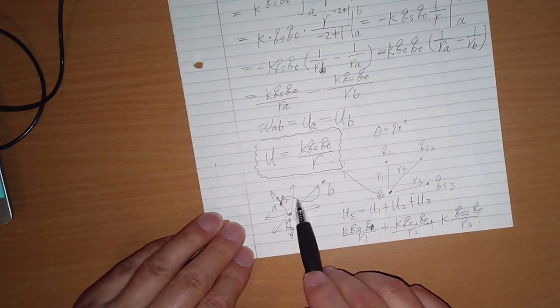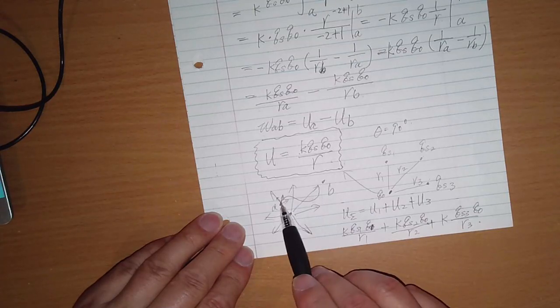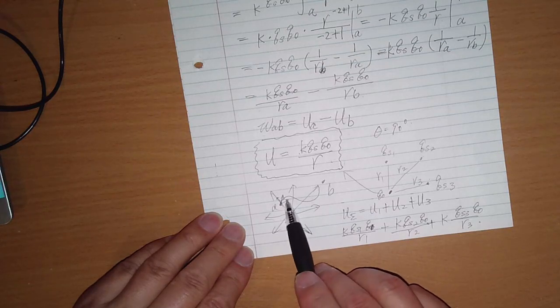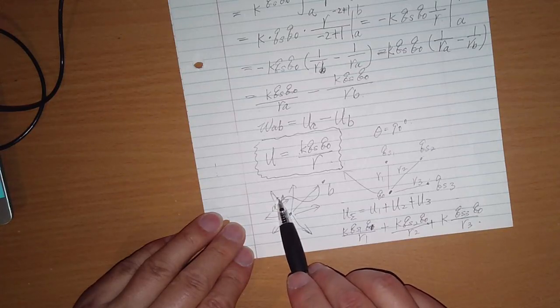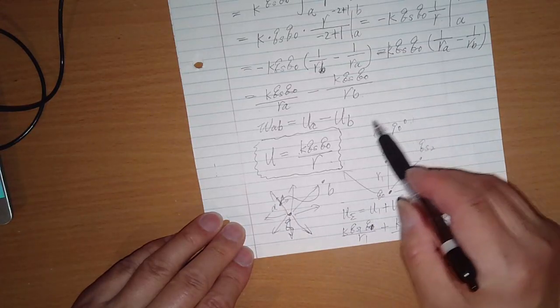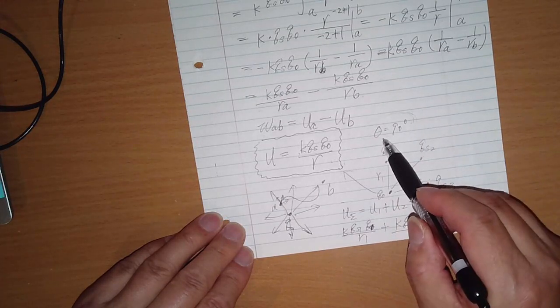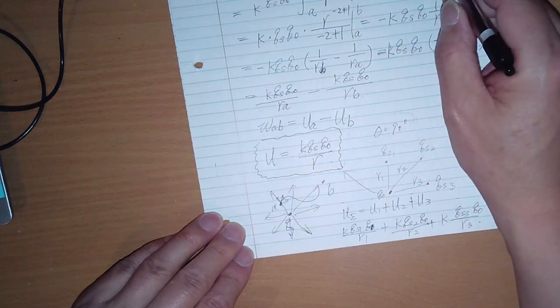If it is a random path, then each path can be decomposed into two components. One is perpendicular to E, one is exactly the same as E. If it's perpendicular to E, theta is 90 degrees, so this term is gone.